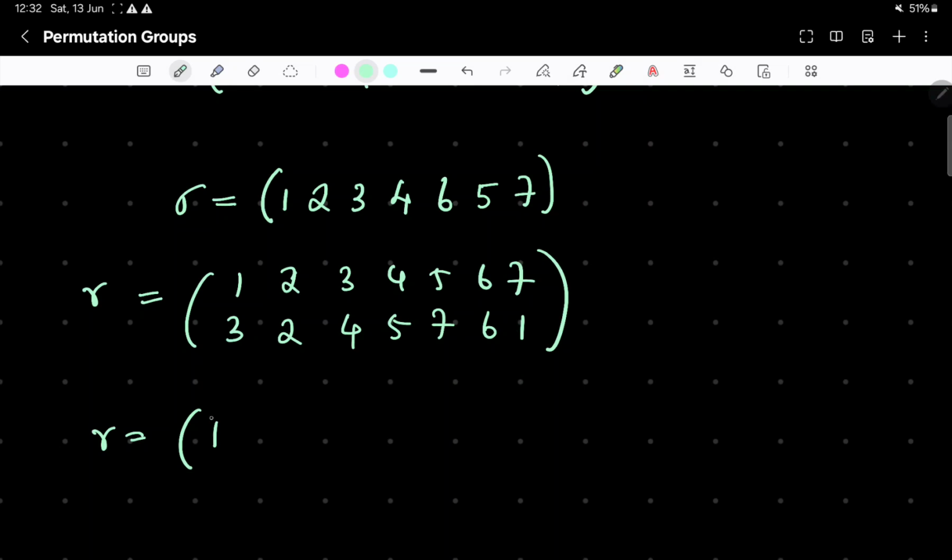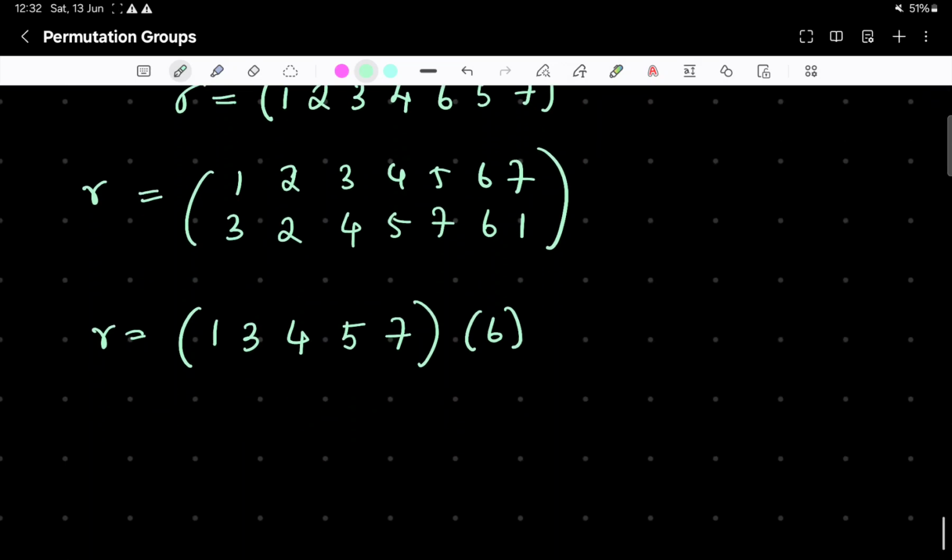So 1 goes to 3, 3 goes to 4, 4 goes to 5, 5 goes to 7, 7 goes to 1, so you stop, and 6 goes to itself, right? This is another kind of cycle notation.